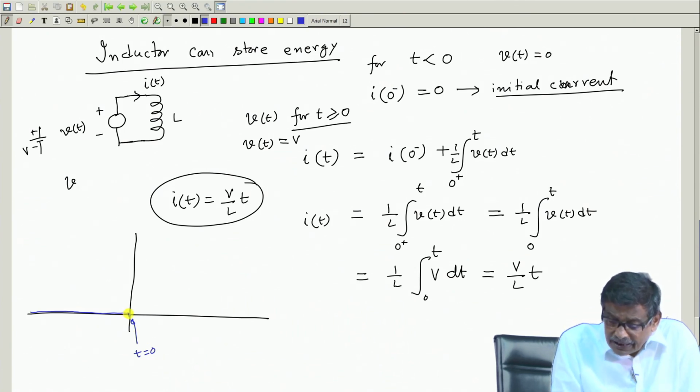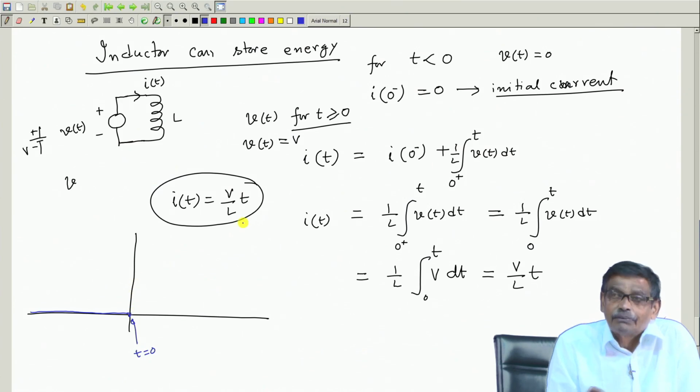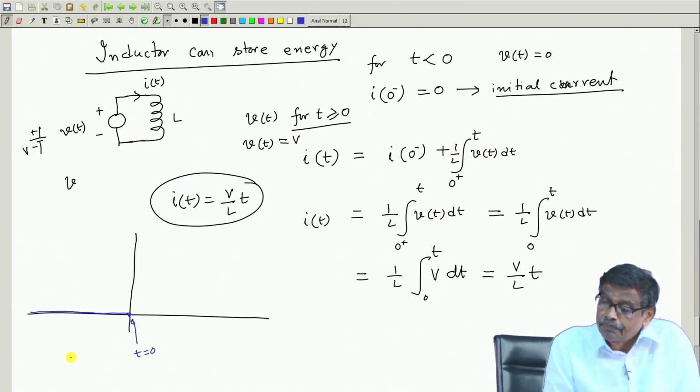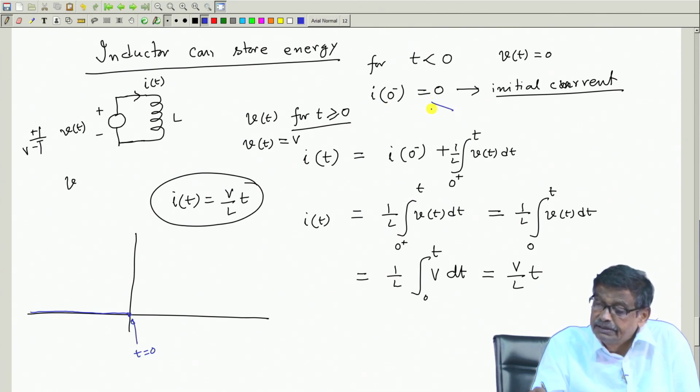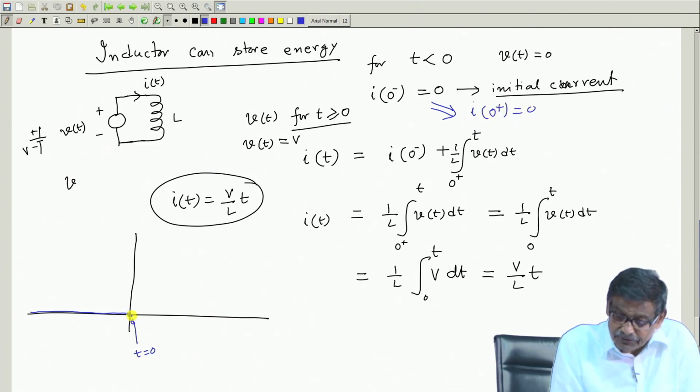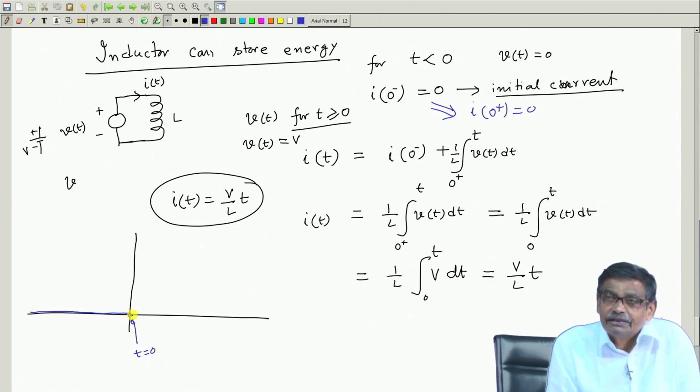What was the current at t equal to 0 minus? It was 0. What will be the current at t equal to 0 plus? Once again 0. It cannot start abruptly from some other value. Which means I(0-) being 0, I will immediately conclude I(0+) is 0. So, it has to start here. For me, it does not make any difference, 0 minus or 0, this is t equal to 0.